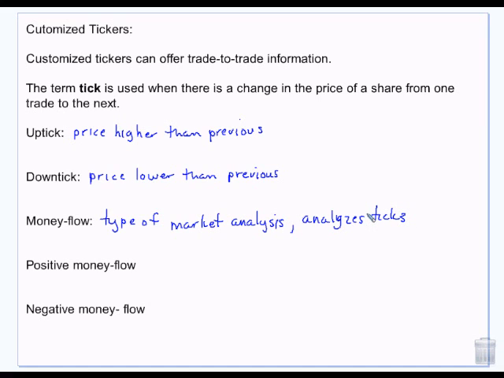It analyzes upticks, downticks, or up, down, however it goes. Positive money flow is happening if you're purchasing on an uptick. And negative money flow is happening if you're purchasing on a downtick.